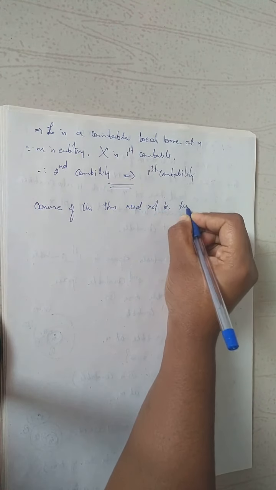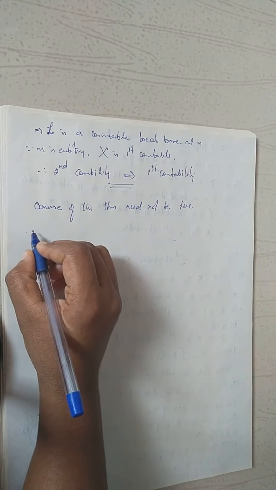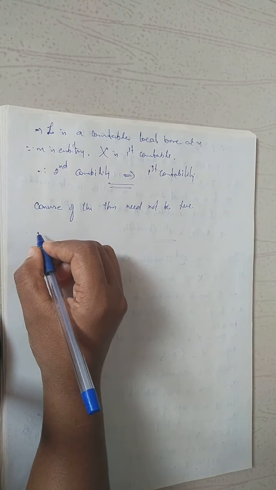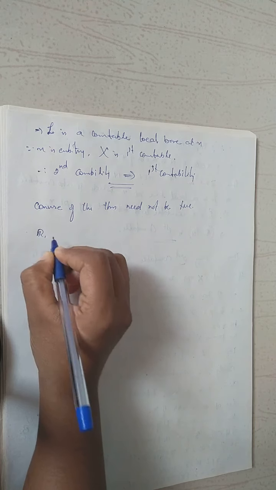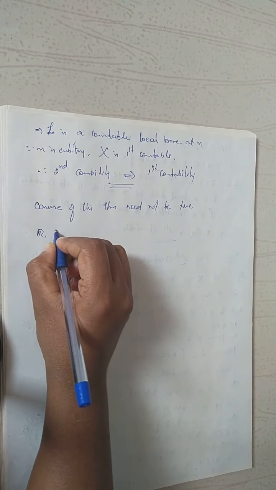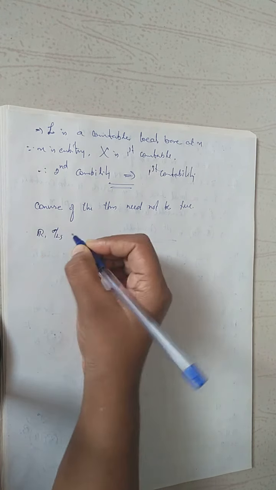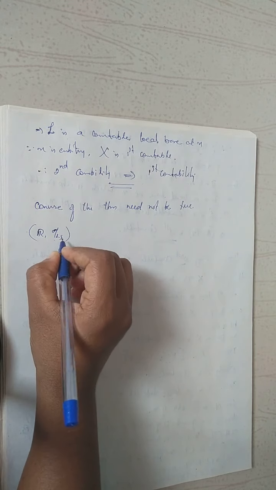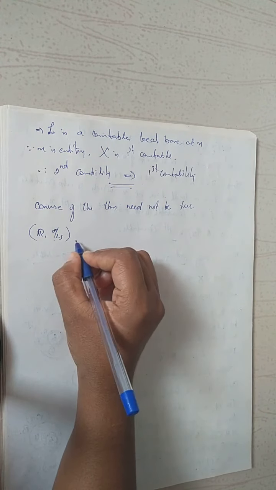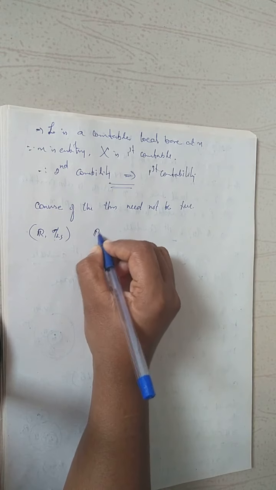Because you can consider some example. You consider the real line with the semi-open interval topology, tau LS or tau RS, left semi-open or right semi-open, the real line with any of these.